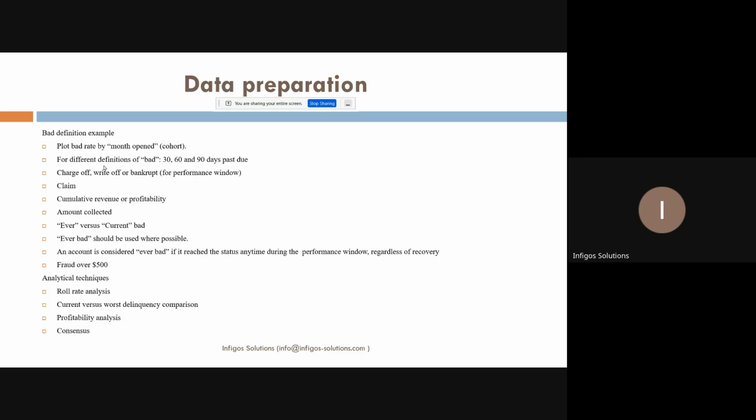For different default definitions, you will try 30 days, 60 days, 90-day past due. In IFRS 9, if somebody goes past 30-day past due, he switches from one stage to another stage where you do the lifetime calculation. But here it might not be a significant thing. It will be just one of the things where you decide whether you want to go for collection after 30-day past due, 60-day past due, or 90-day past due, depending upon what kind of customer it is.